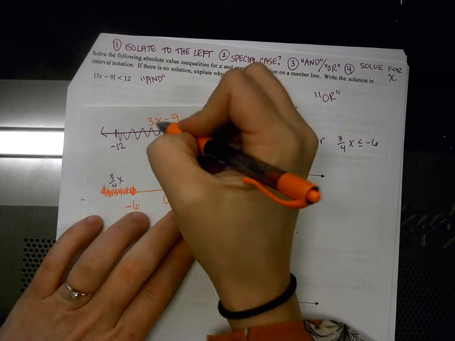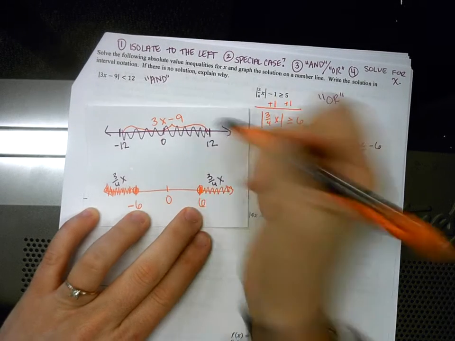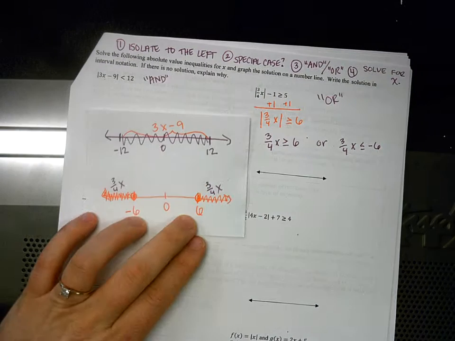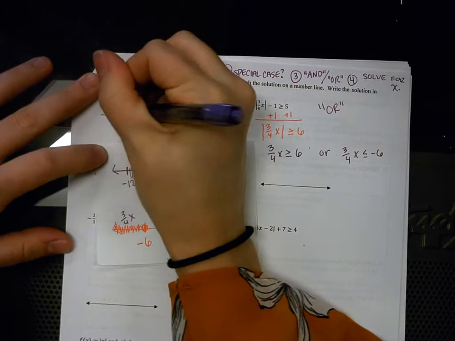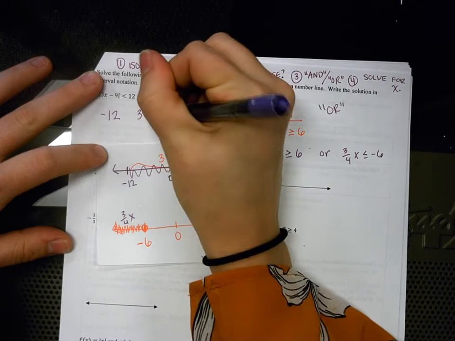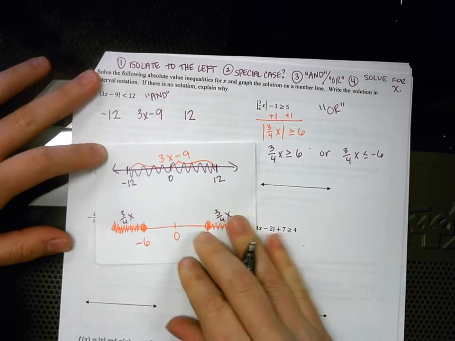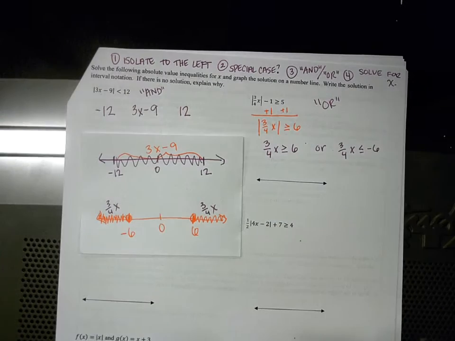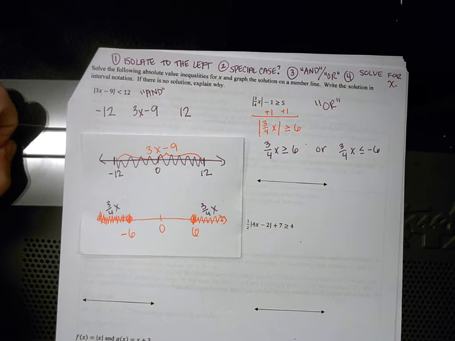But we know this 3x minus 9 has to be between what two numbers? Negative 12 and positive 12. So we literally write 3x minus 9 between the numbers negative 12 and positive 12. What sign should I put in between here?